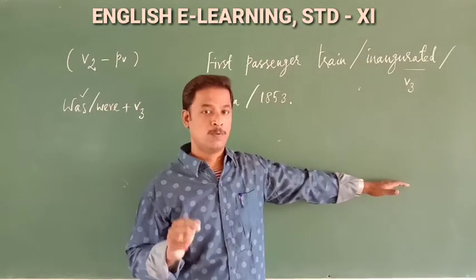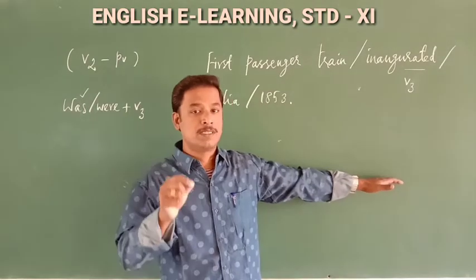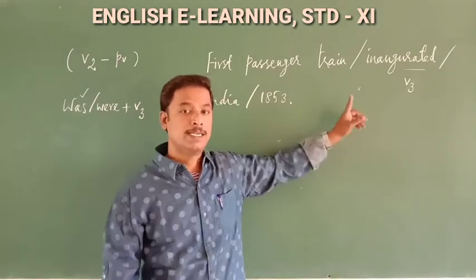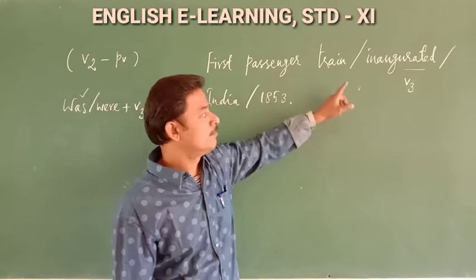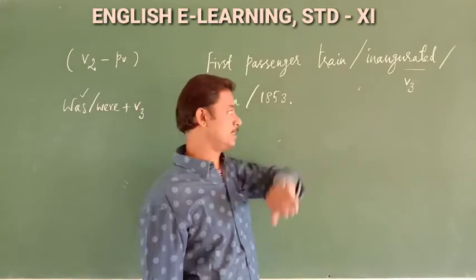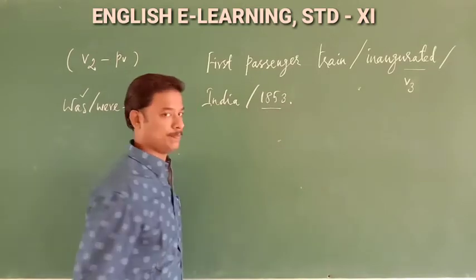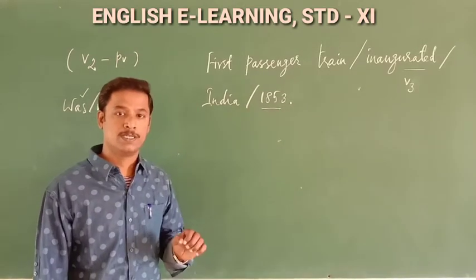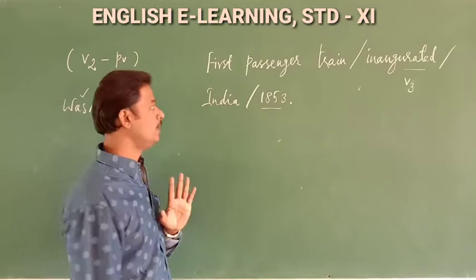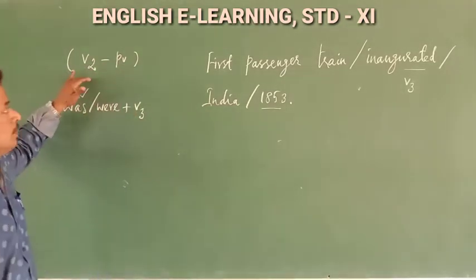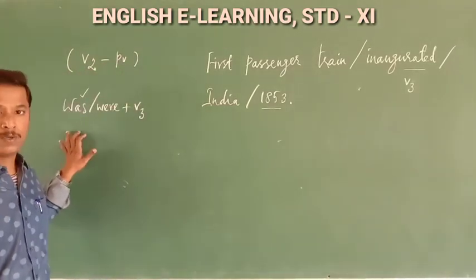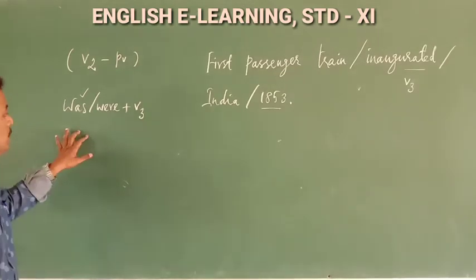But our main work is we must reveal the hidden auxiliary verb from here. Okay, right. So look at the year here, 1853. Again, this sentence should be written in past simple.